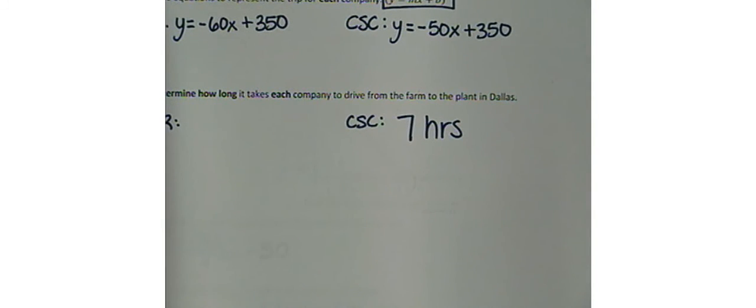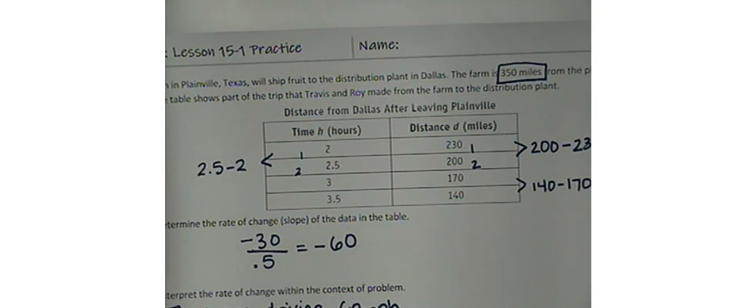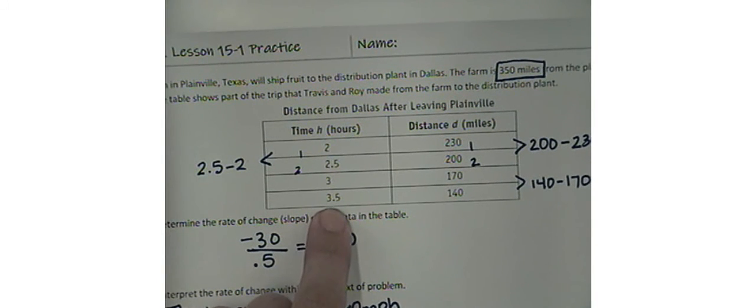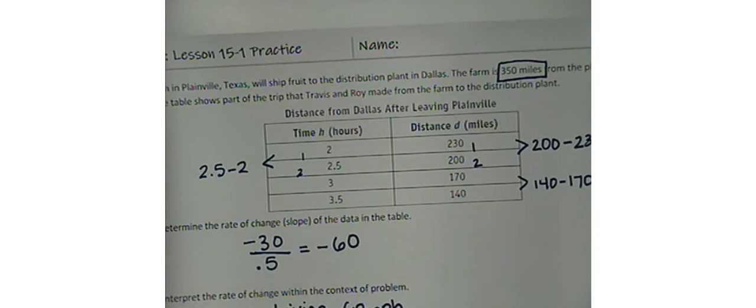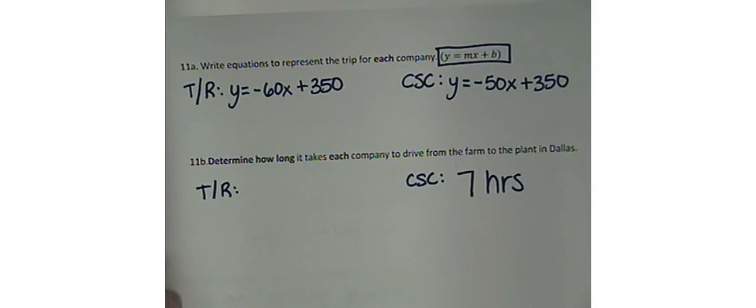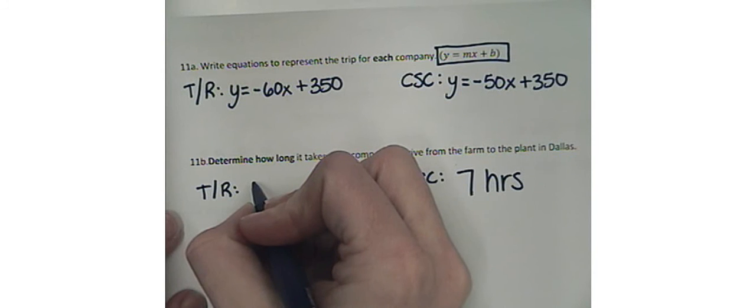If I look at my table, though, for Travis and Roy, I don't know, because after 3.5 hours, there's still 140 miles left to go. So we need to do some math here.